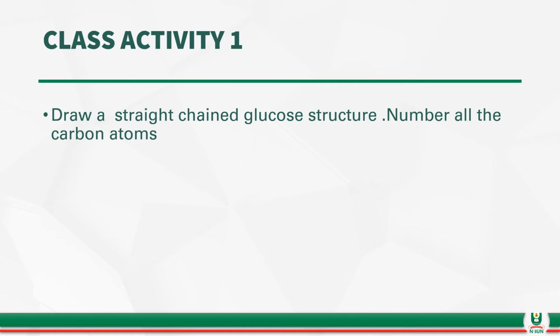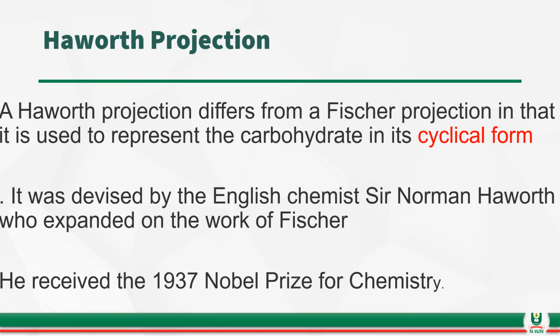And let's move to the next type of structure, also named after another scientist. This one, an English chemist known as Sir Norman Haworth. Sir Norman Haworth. He tried to expand the work of Fischer.